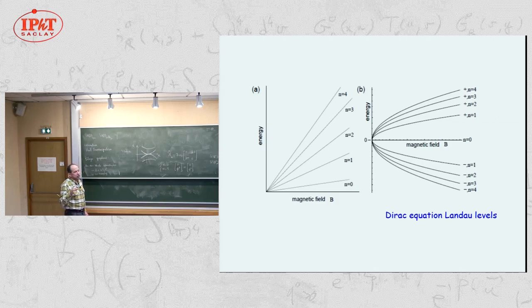Nevertheless, there should be a central octet of states instead of a quartet of states, which we can fill, and again we will find that due to quantum ferromagnetism, complete filling of these levels should lead to the appearance of the integer quantum Hall effect with all the fillings between -4 and +4, corresponding to all partial fillings of these 8 Landau levels.